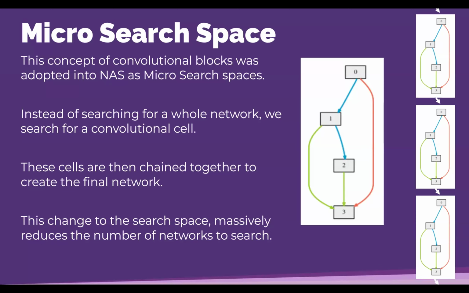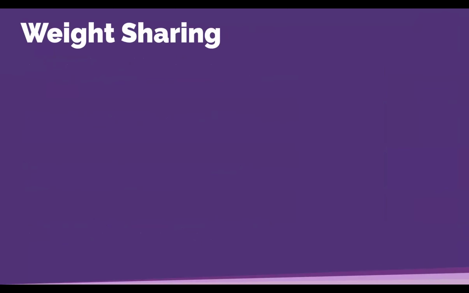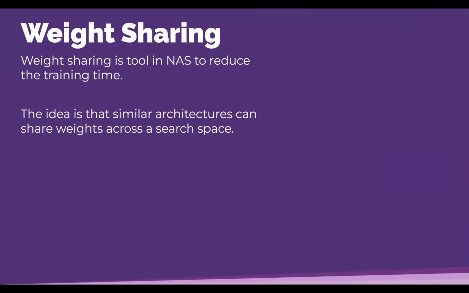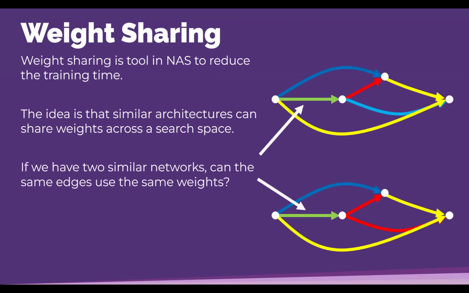Another very key time-saving technique was called weight sharing. So weight sharing is a tool which, again, we use to reduce the training time. And the idea is that similar architectures can share weights across a search space. So, for example, if you have these two cells, which I've copied, which are roughly the same shape as the NASBench 201 cells, if you imagine each color is a different sort of operation between the four nodes, these two cells are quite next to each other, differing only by a single edge.